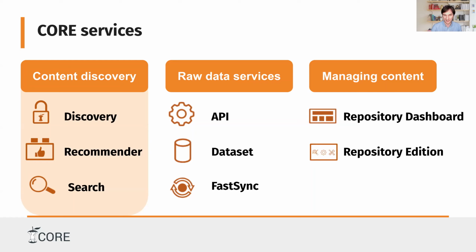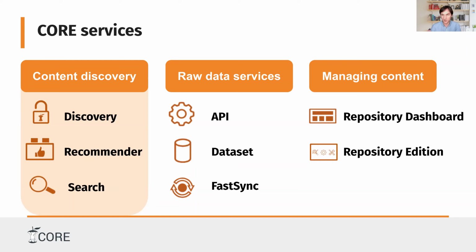The second area are services which I call raw data services. These are services that allow machine-to-machine processing of information. And this allows other services that want to provide, for instance, search engines for specific domains, or to do plagiarism detection, or to do all sorts of very clever and interesting stuff with papers. This is what makes it possible for them to use CORE.